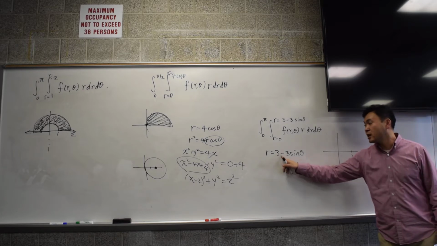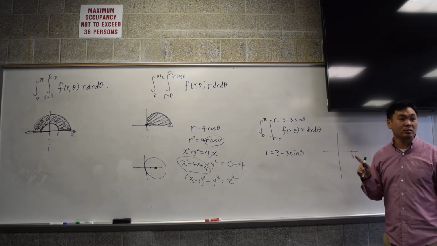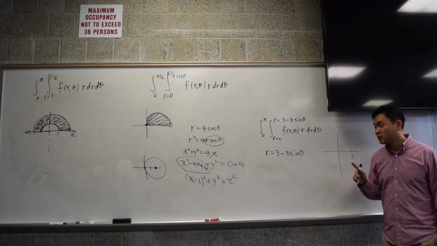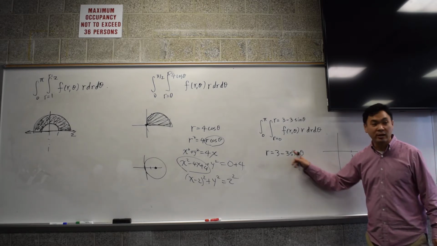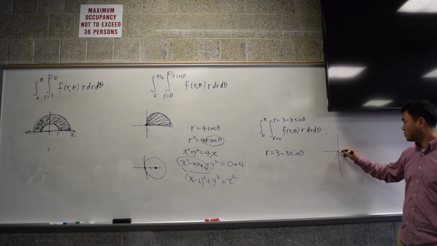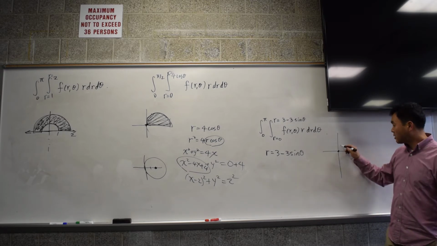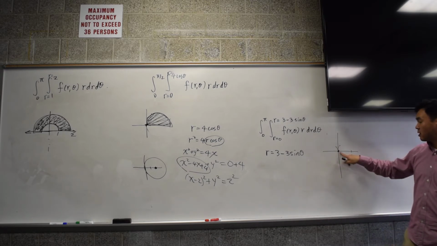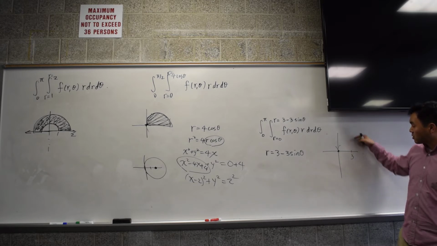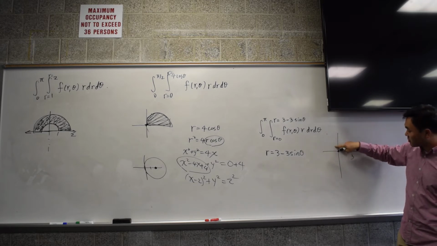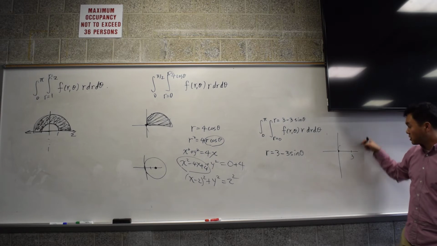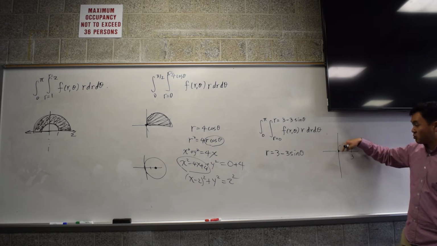And you get 3 minus 3 times 1, which is 0. Okay? 3 times 1 is 3, and 3 minus 3 is 0. So you get 0. And because it's 180 degrees, the curve should be coming in like that. The curve should be hitting the 0 tangent to the 90 degrees.